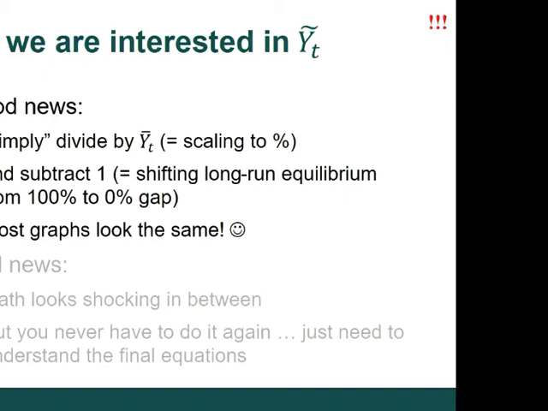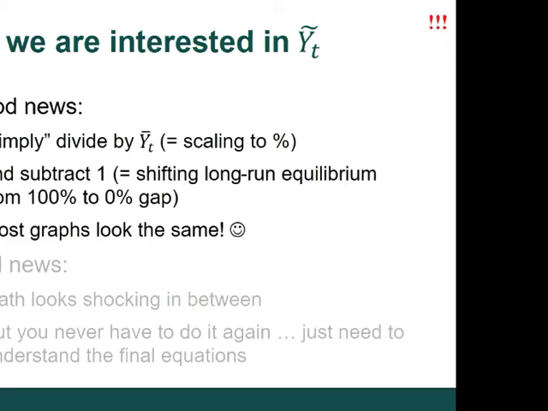So in the graph, we would just shift everything, and everything would go onto a different scale. Instead of billions of dollars, everything becomes percentage now. And then we do a second trick. We subtract 1 from all the equations on both sides. In the graph, that means that something that was beforehand 100%, if you're subtracting 1 or 100%, now becomes 0. So basically, we do 2 steps. Number 1, we shrink the whole economy away from billions of dollars towards percentage.